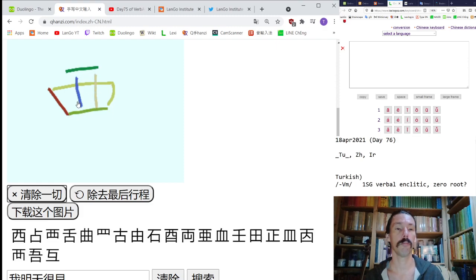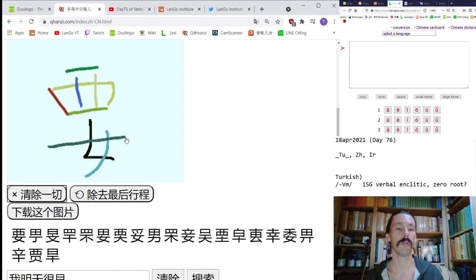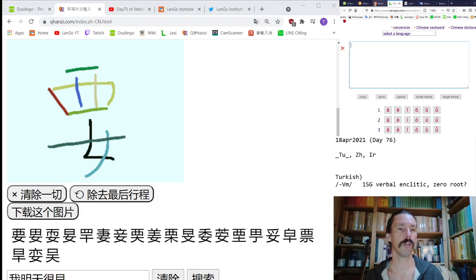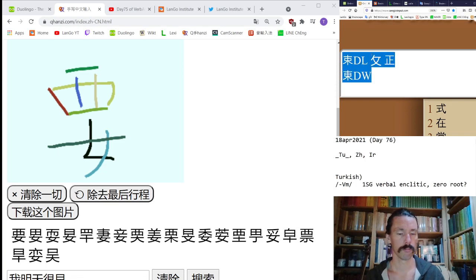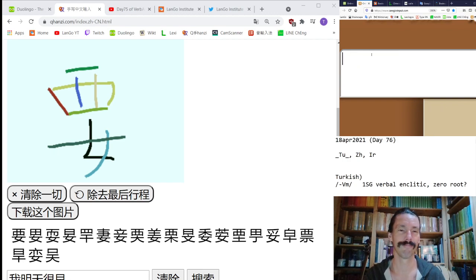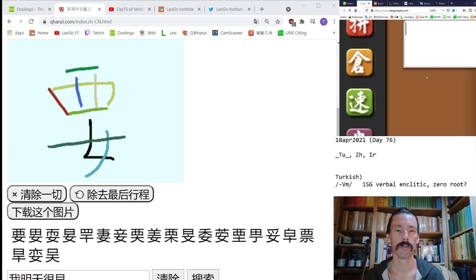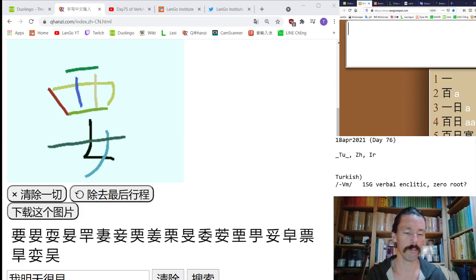That's an MW, abbreviated on top, V below, I believe, MWV. Not quite what I'm after. To write 要, MWV. Yeah, that's the one.